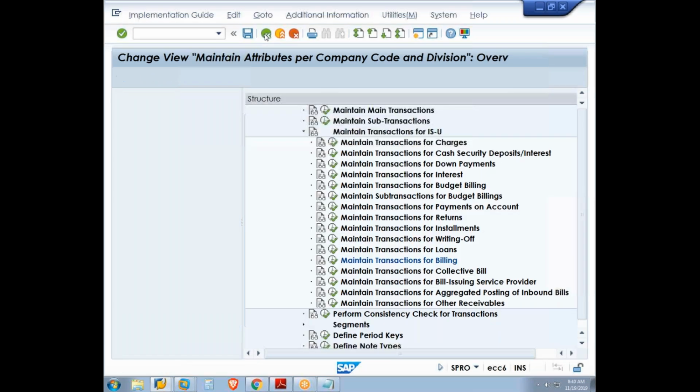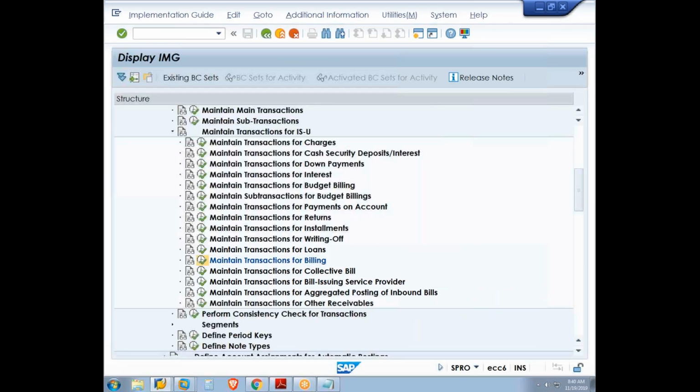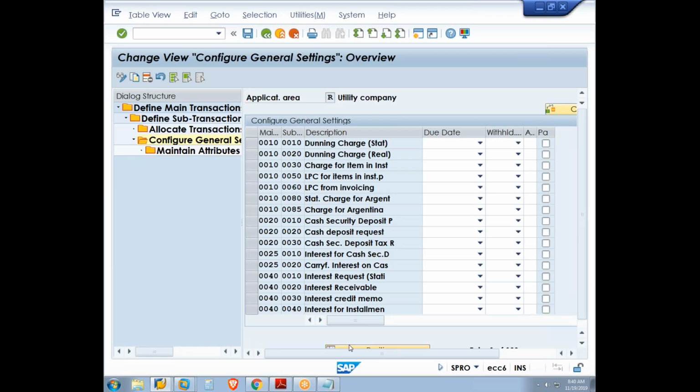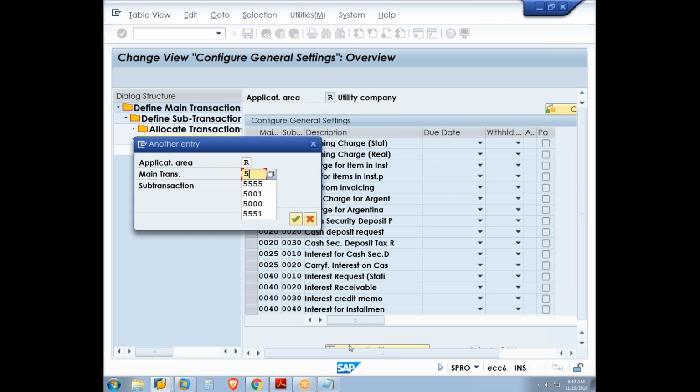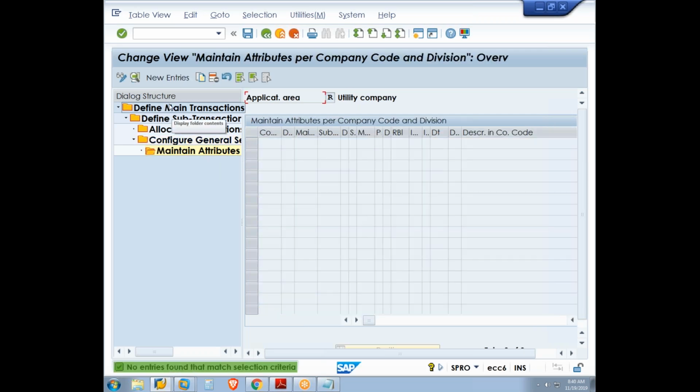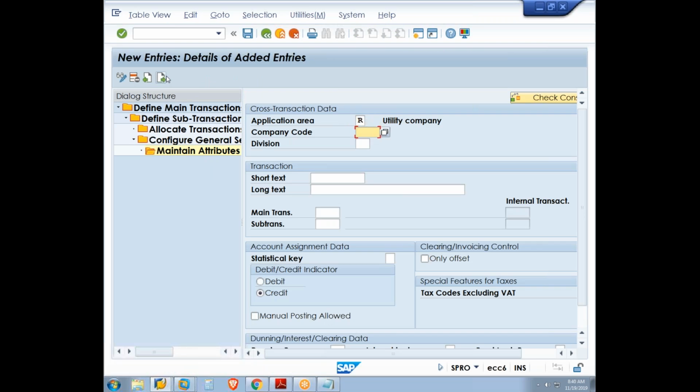Likewise, I can again select configure, application area R, main transaction 5000, and then sub transaction 5003, packing and forwarding. Maintain the attributes and a new entry. Company code is 5000, and division I'm not using, debit entry.